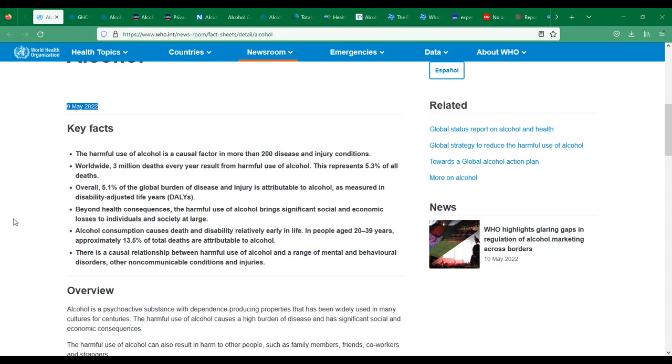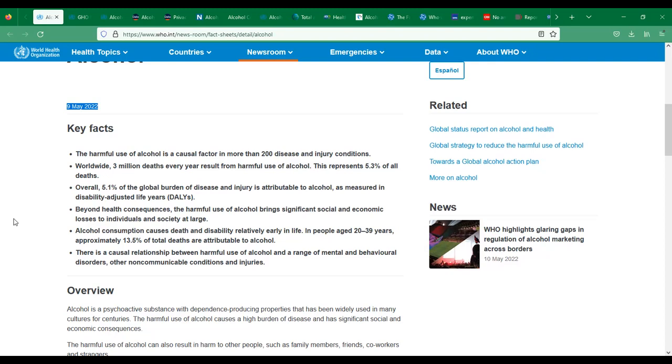Alcohol consumption causes death and disability relatively early in life. In people aged 20 to 39 years, approximately 13.5% of total deaths are attributable to alcohol.